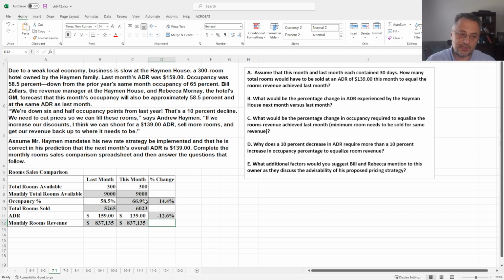You need to consider two things: associated costs, like cleaning the rooms, and wear and tear on the property. But if this is a property with other amenities such as food and beverage or a spa, maybe additional revenue can come from those. So two important things. First, those are the minimum numbers required. Second, you always need to consider additional factors when calculating this kind of question.